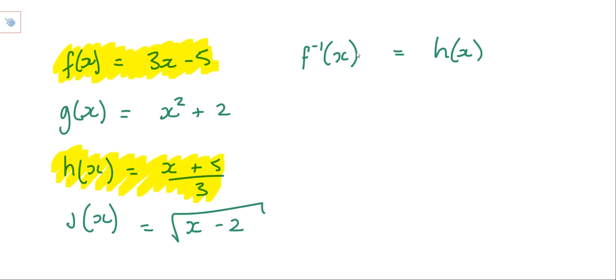All that means is that if I put an x value into the inverse function, it will be like putting y back into this function and solving it. What do you notice about this one as well?